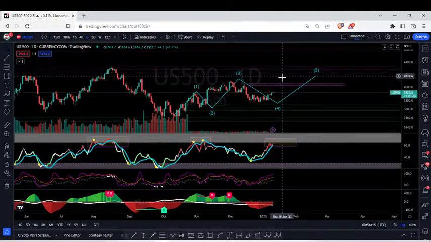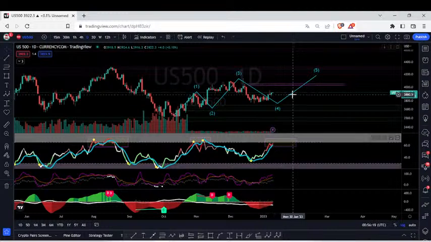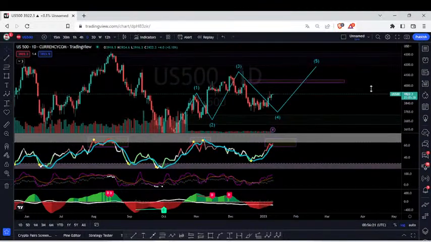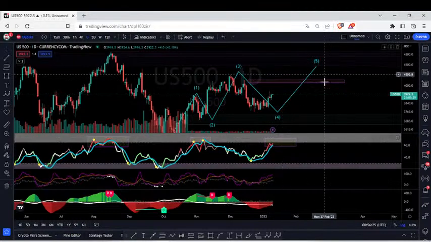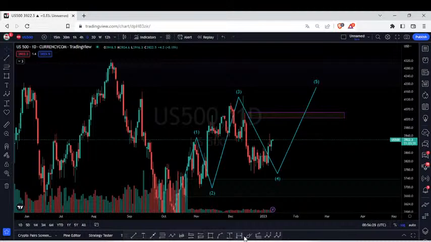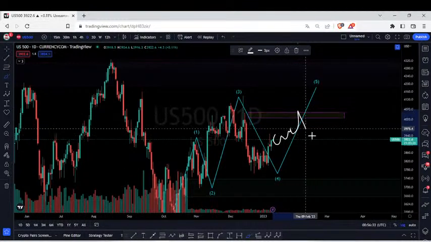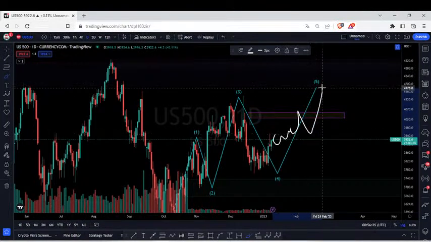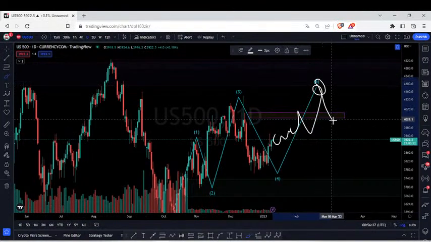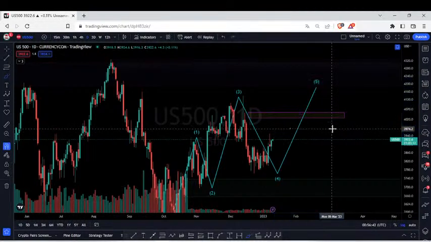Now, there is a chance it might actually make a slightly higher high, but with a bearish divergence. Okay, so might end up doing something around this range. Pull back and then go up around about there. I need to come back and test this area. Okay, that is going to be my best guess.